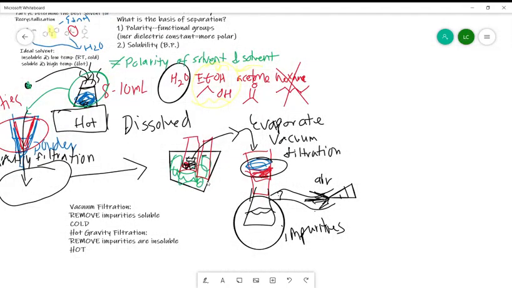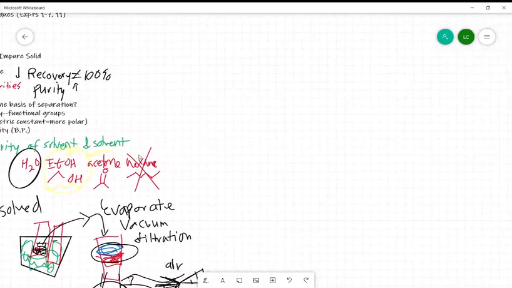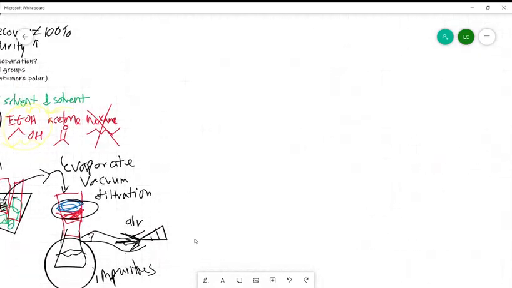Okay, and then I will talk a little bit about the melting points. So you did mixed melting point analysis in experiment 2.